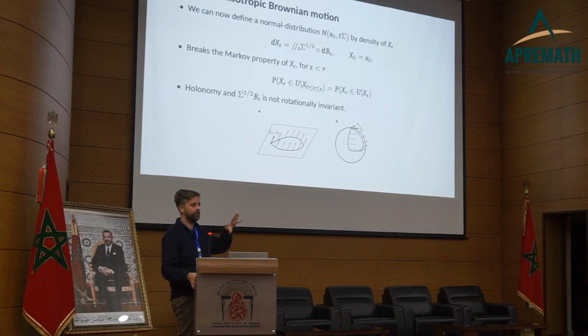If I take a Brownian motion, then it has equal probability of going in any direction, and rotating it does not change it. But now that I introduce some symmetric matrix here, there will be some directions where it's more likely to go, where this matrix has higher eigenvalues, and these will not be the same.